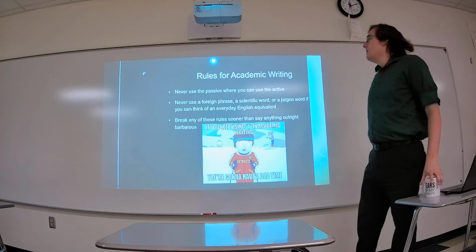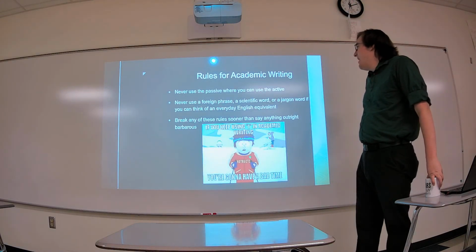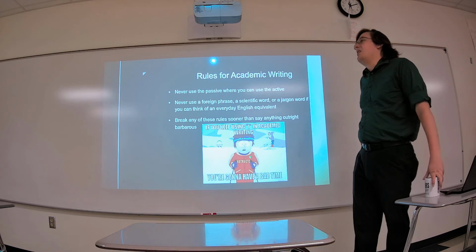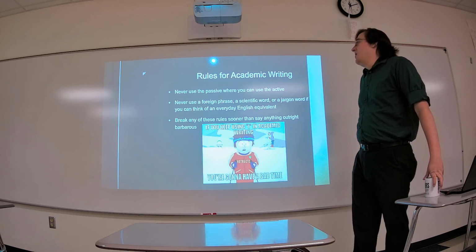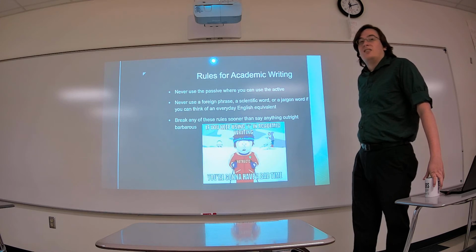Okay. Last 3 rules. Rule number 4, never use the passive where you can use the active. This one, when I was in senior comp and being graded on using active voice over passive voice, was so annoying.